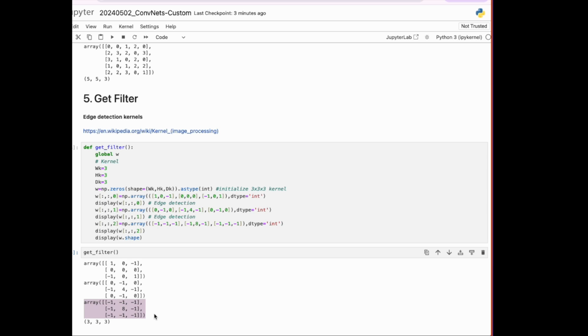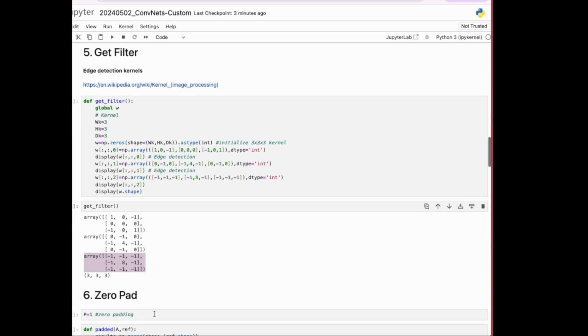So this is going to be detecting the edges in red, but very strongly the blue. It's going to enforce the blue colors and the green colors.